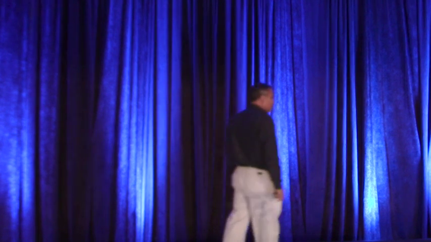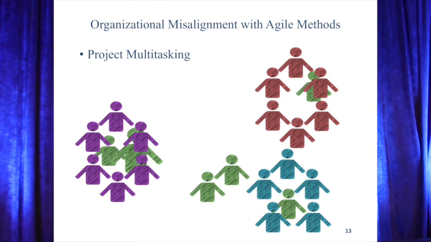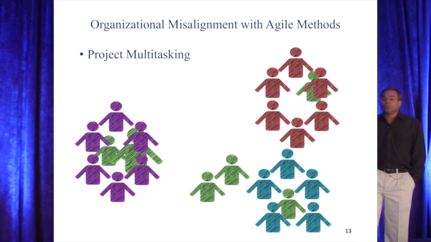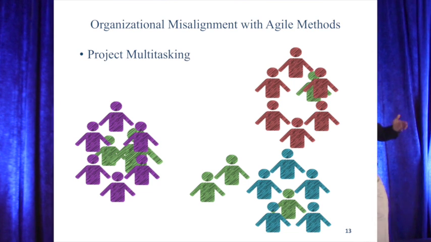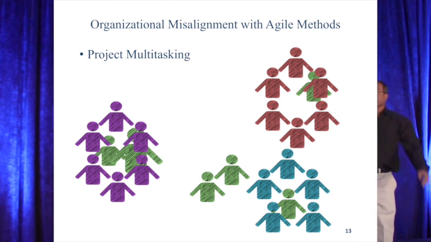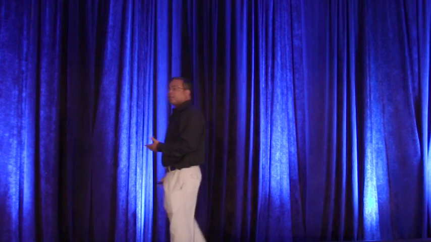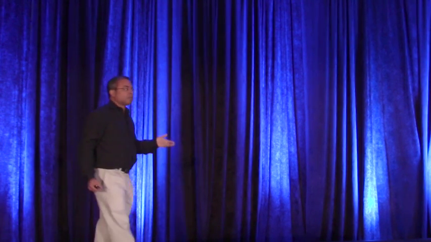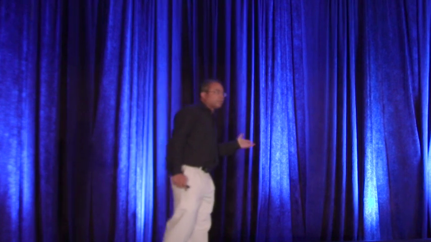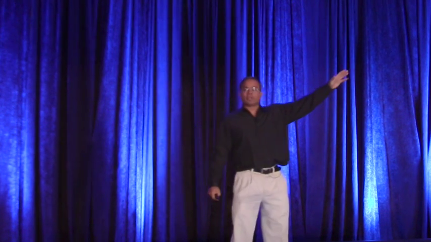Multitasking, another thing that happens, where folks are supposed to be working on 1 or 2. Scrum says, put that product backlog together, keep your team focused on the product backlog. Well, our organization doesn't allow us to do that because they still have other responsibilities and people end up working on multiple projects. Studies show about 3 to 5 projects. Anybody working on more than 2 projects on a Scrum team?